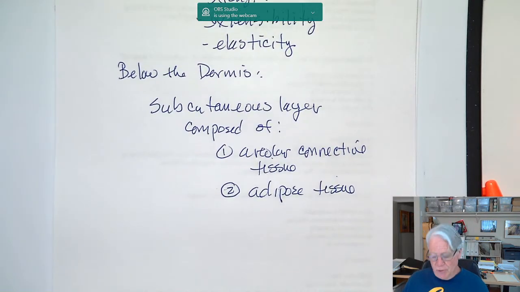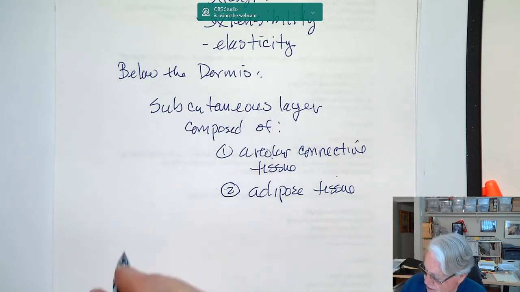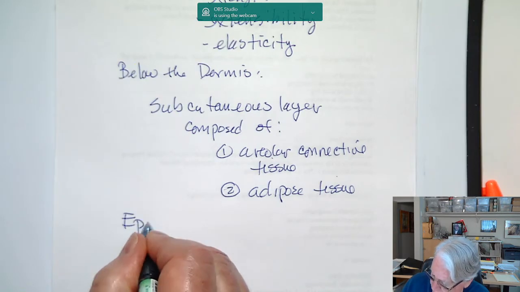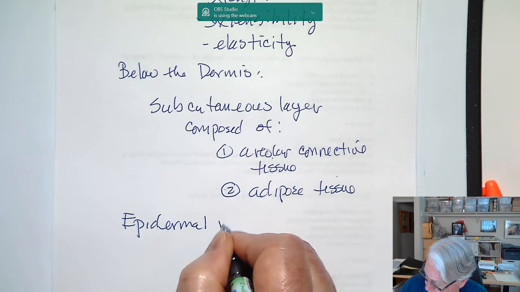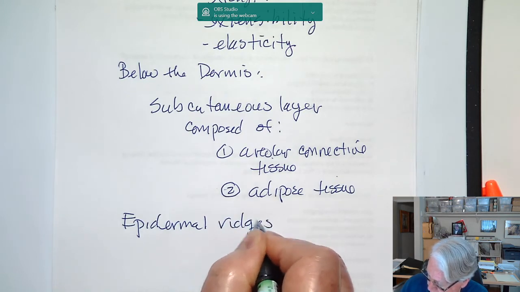As I mentioned before, the pattern of the dermal papillae on the fingers, in the hand, and the bottom of the feet produces these structures that in the hand we call fingerprints. The technical term is epidermal ridges. Okay.